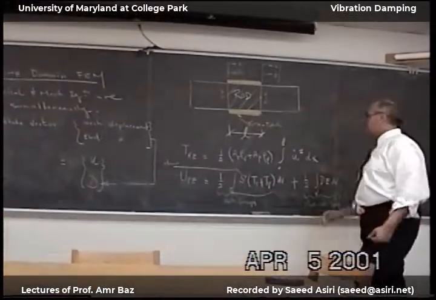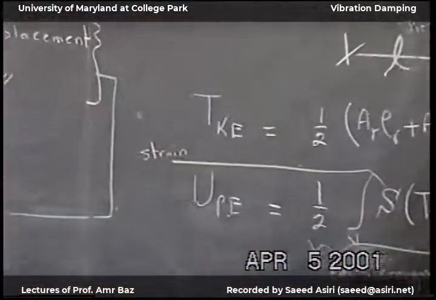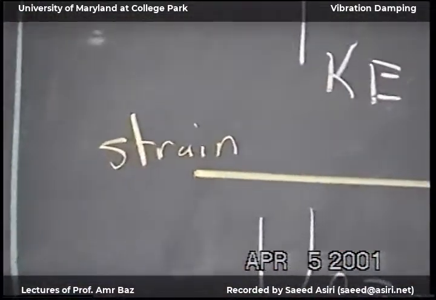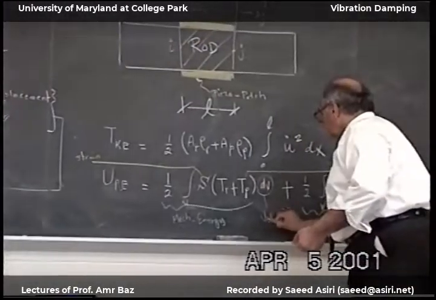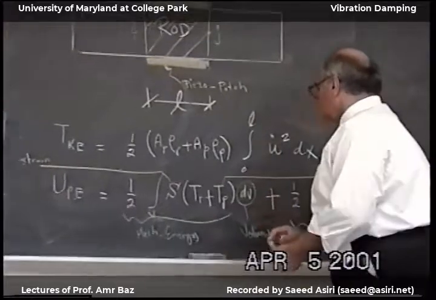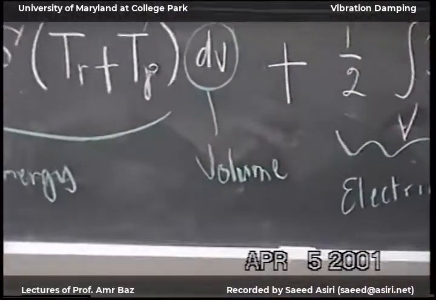Capital T is the stress. And then dV is the volume. Okay.